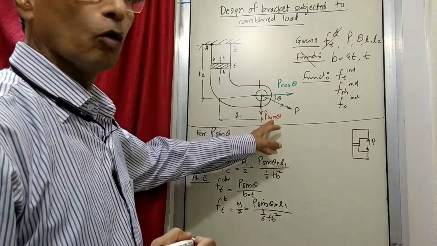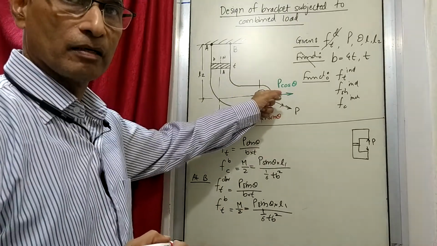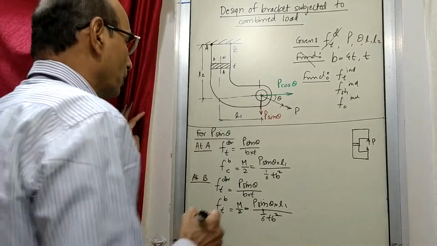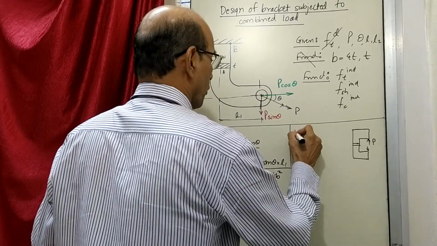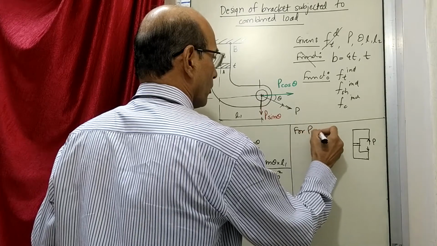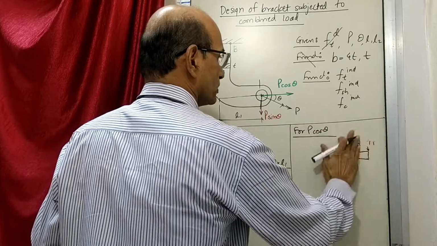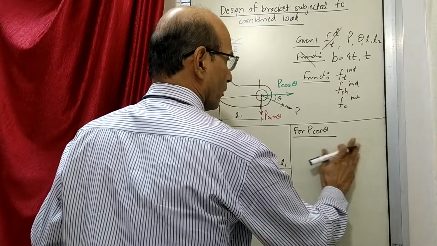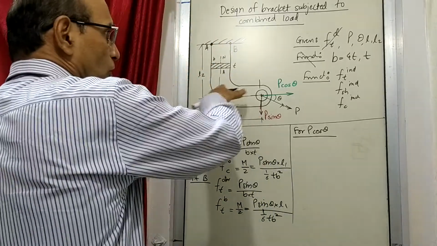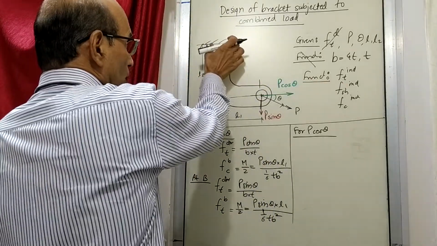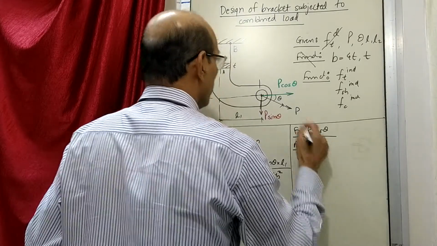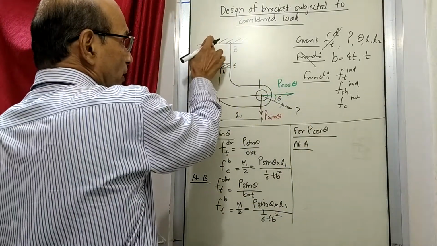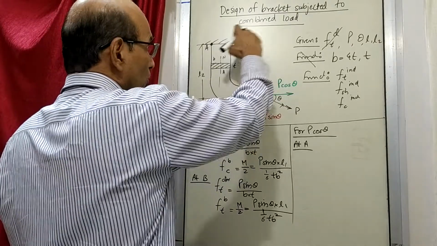Now, this is not the only force, this force also is there, P cos theta. So what will happen because of P cos theta? So P cos theta is acting like this. We are talking about this case. So at A, what will happen? Because of P cos theta, at this point A, force is along the cross section.